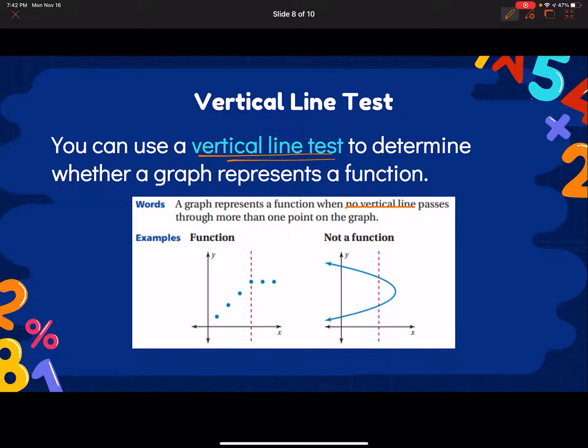The example on the left, you have that one point. The example on the right, you have multiple points. So that's called the vertical line test. You can use your pencil and go from left to right to see if that passes the vertical line test. If it does, then it is a function. If it doesn't, it is not a function.